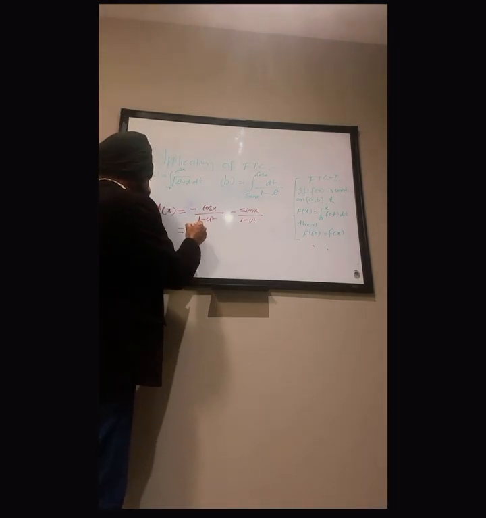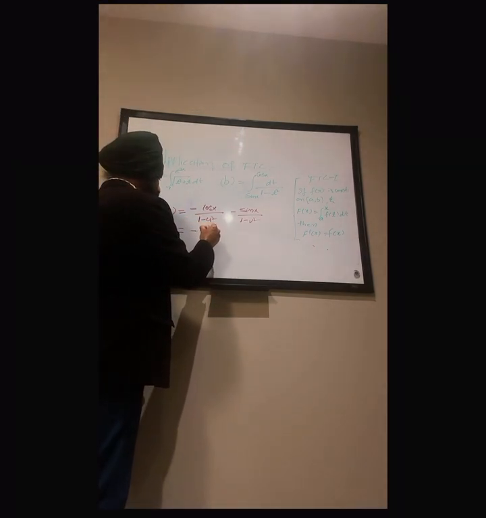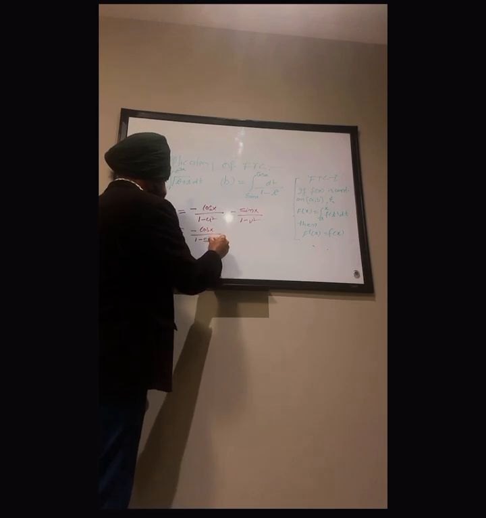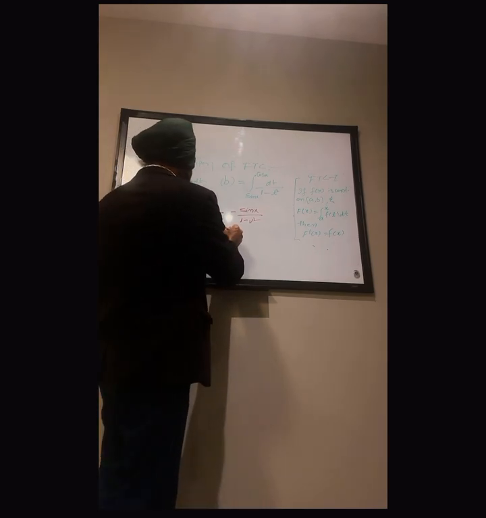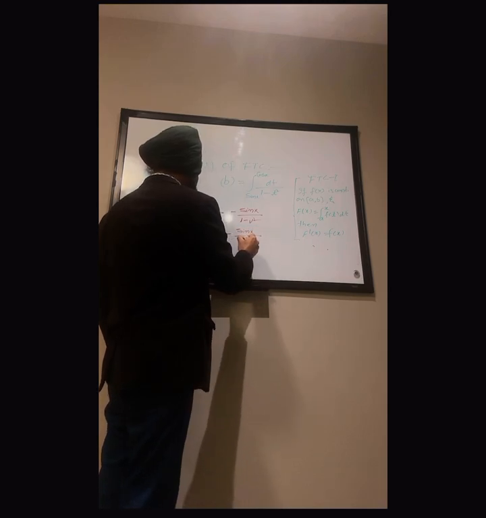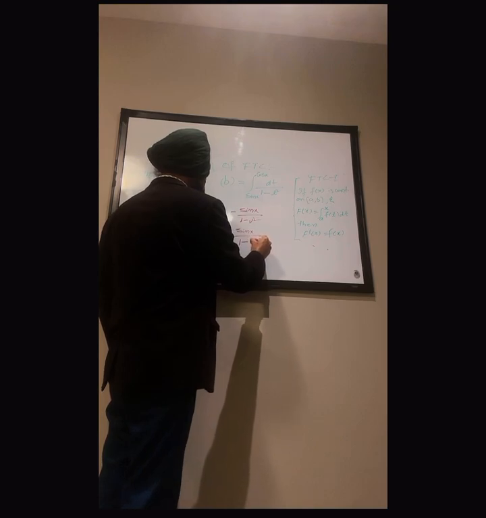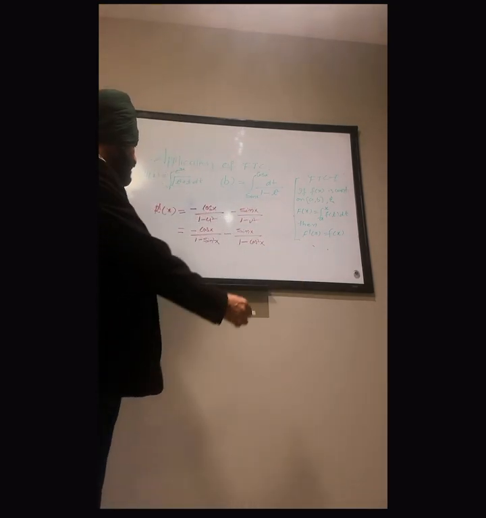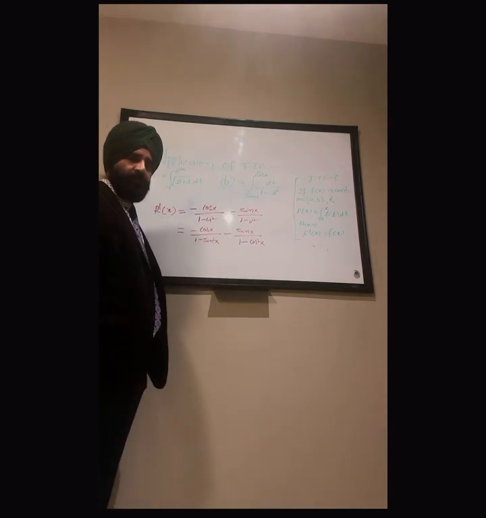This will be equal to minus cos x upon 1 minus sin squared x, minus sin x upon 1 minus cos squared x. What we did? We just substituted the values of u and v.